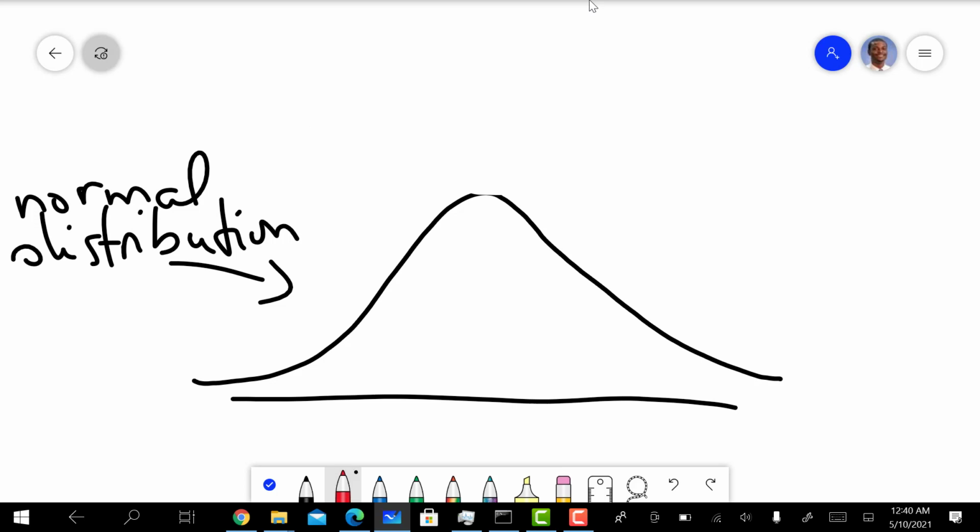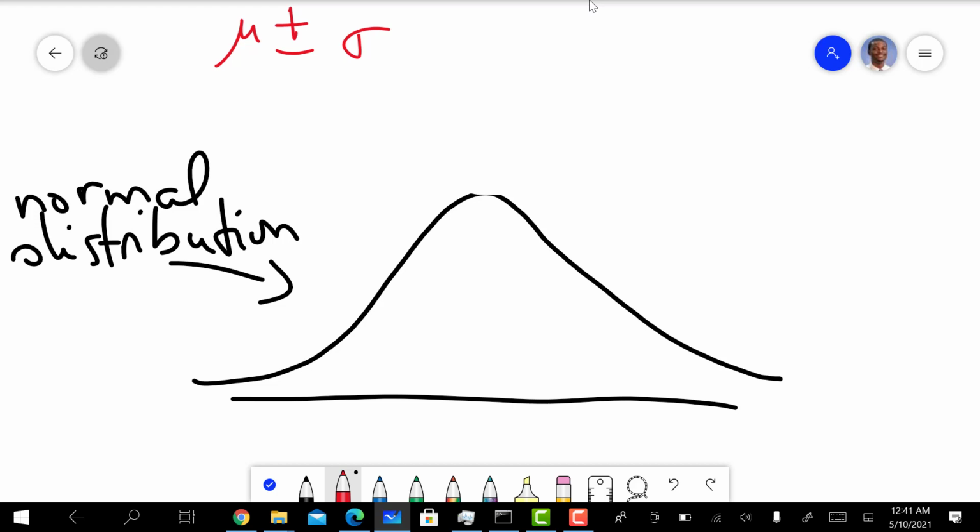The first one is that within one standard deviation, your data contain approximately 68% of your measurements.